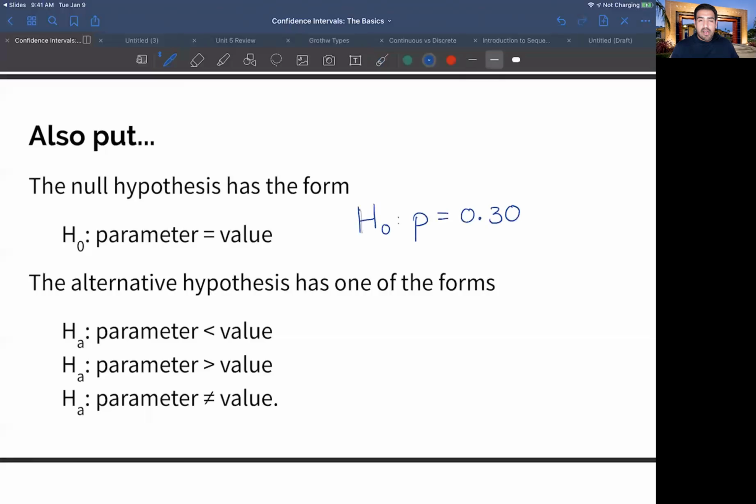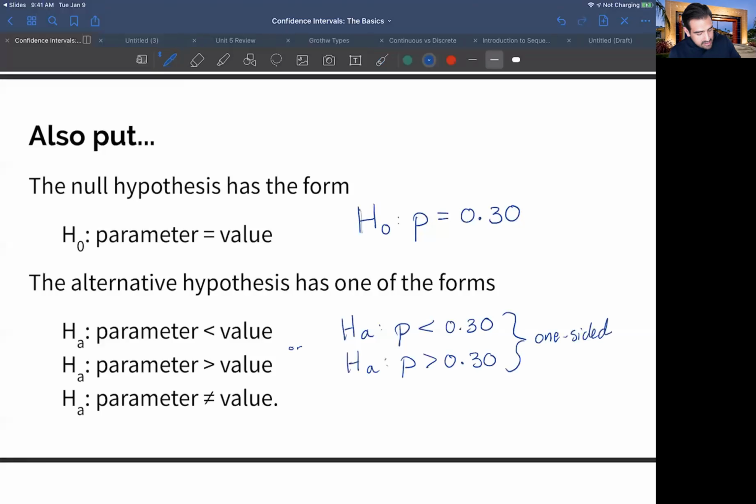Say I wanted to run a one-sided test, I would say my alternative is that the true proportion is actually less than 30%. Or you could say, actually, I think it's greater than 30%. Both of these alternative hypotheses are one-sided. It's either less than the original claim or greater than the original claim.